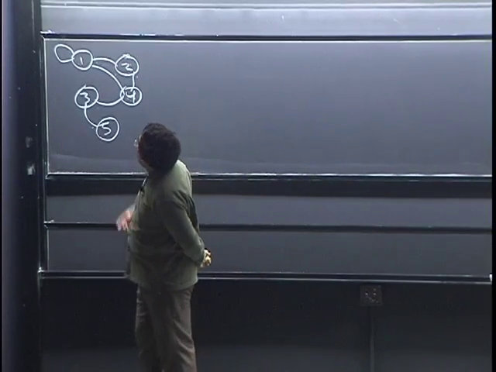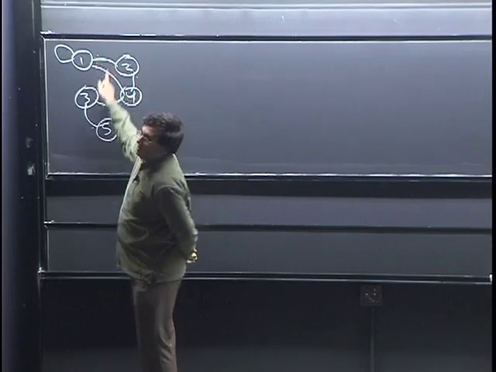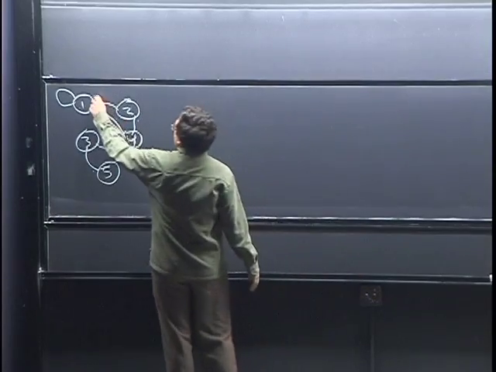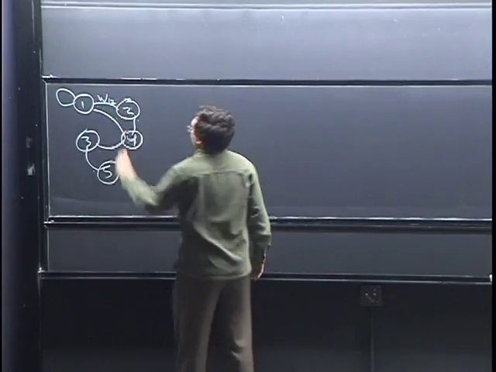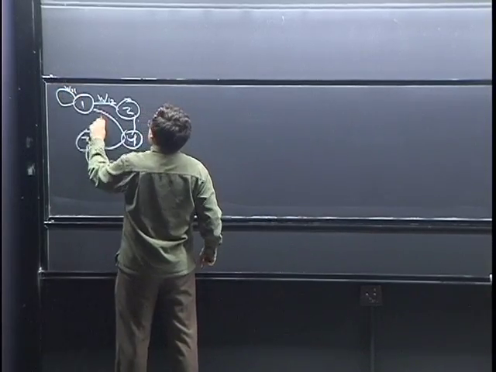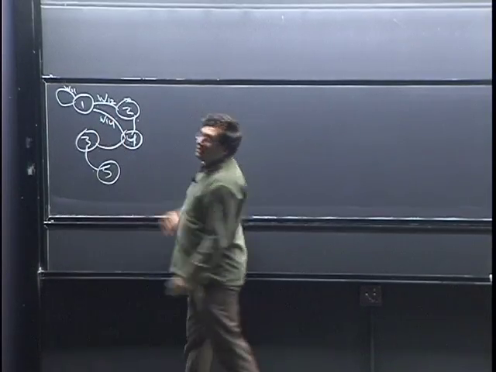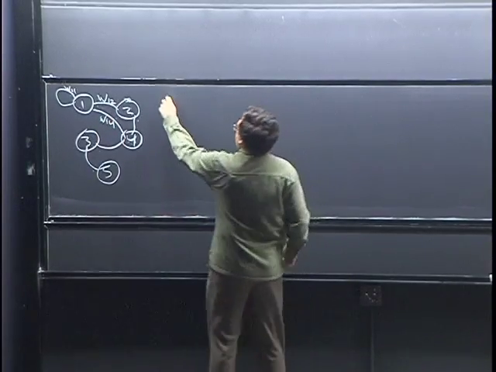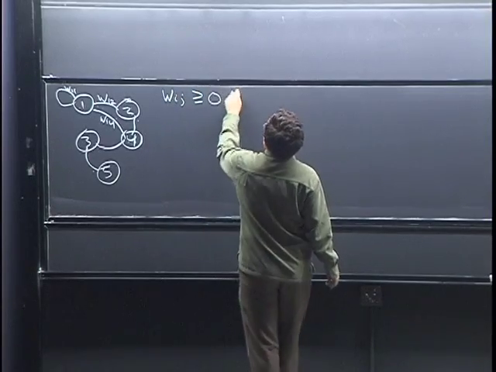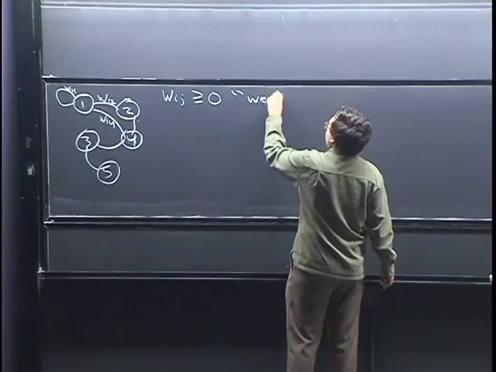So to handle that, all we need to do is put down some weights. So let's call this W12. I'm just going to put little weights on the edges. This is W11, W14. I'm not going to fill them all in. In general, let's say we have Wij greater than or equal to 0. We call that an edge weight.